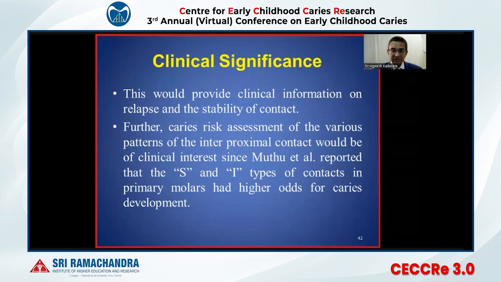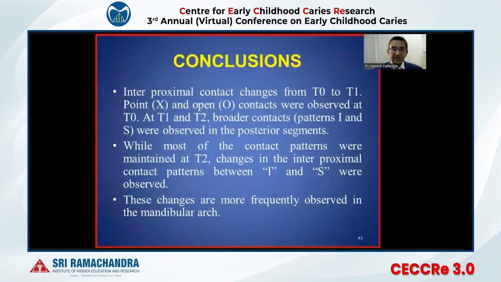So to conclude, in our study, the interproximal contact changes from T0 to T1 were from point contacts, that is X type contacts, and O type contacts, which were observed at T0, to broader contacts, that is the I patterns and the S patterns, which were observed at T1, that is immediately after orthodontic treatment, and T2, that is 1 year following orthodontic treatment.